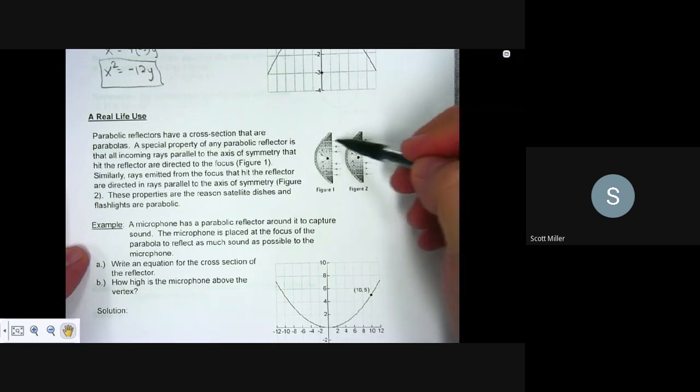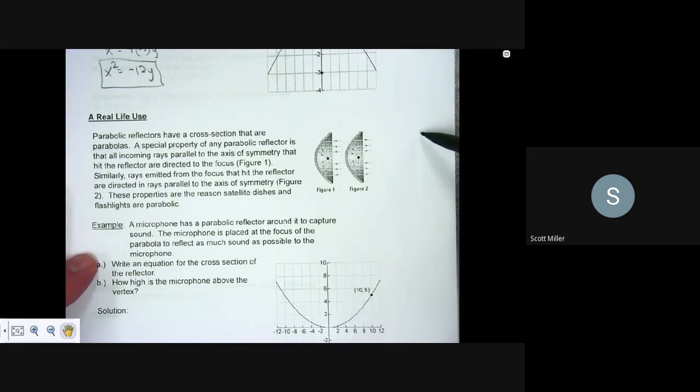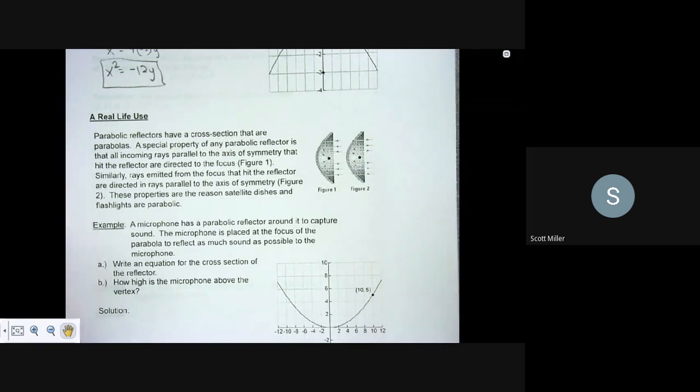Anytime something comes in, it will bounce off the parabola and go right to the focus. Likewise, if I put a light bulb and it shines light in all directions, it will hit every point on the parabola and bounce straight outward. That's why you get a flashlight beam of light. And so this is the practical use for this.